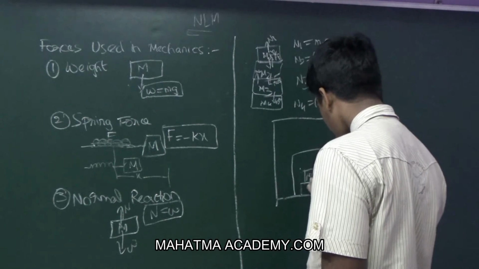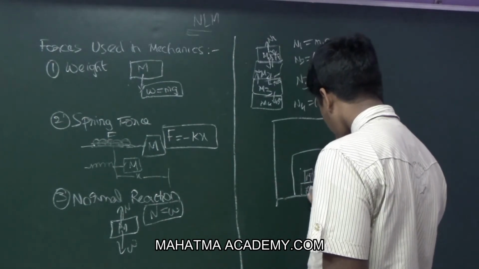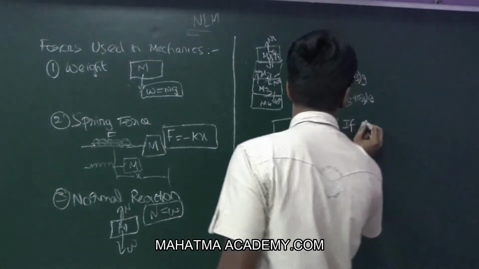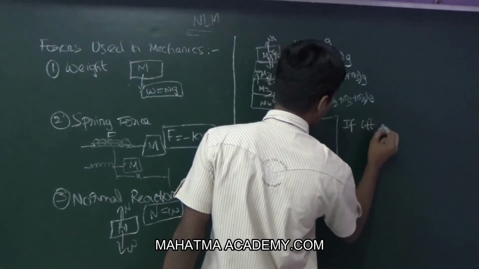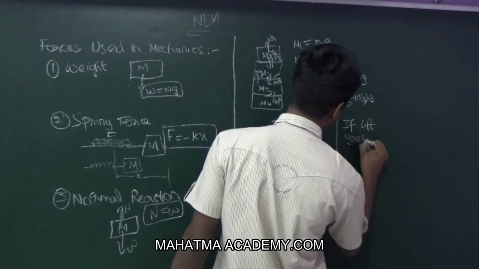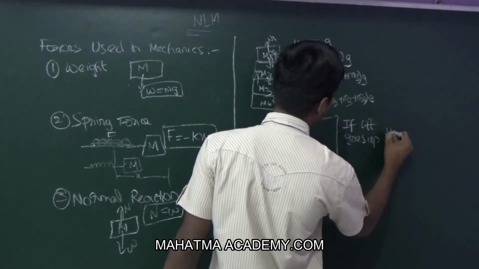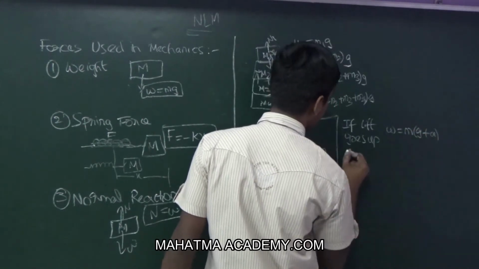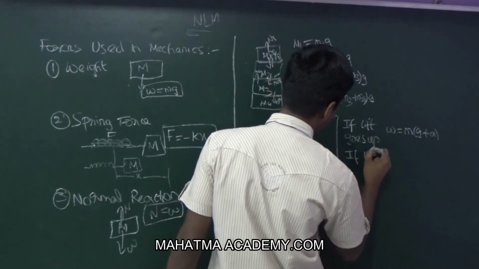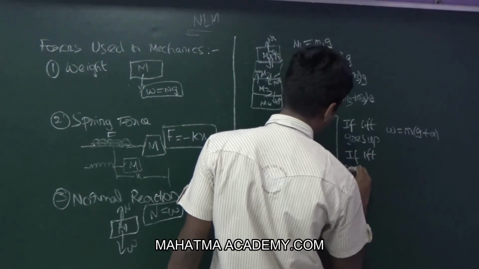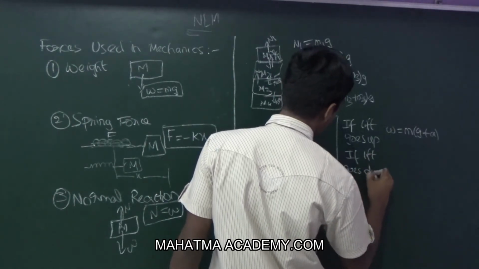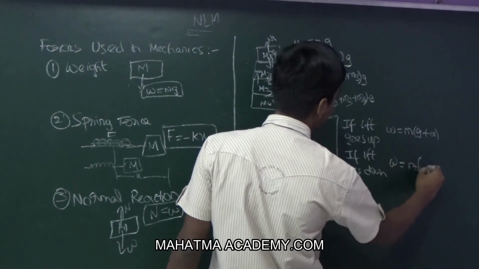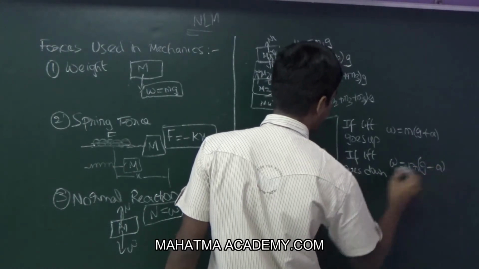This mass M and the spring balance. Now, if the lift goes up, weight is equal to M into (G plus A). If the lift goes down, weight is equal to M into (G minus A).